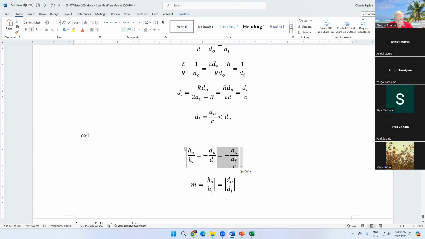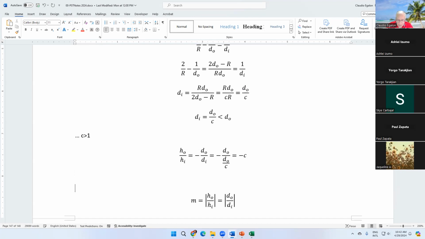C is a number greater than 1. And then what we get? We get minus C. What does it mean? It means that the height of the object is greater than the height of the image. Okay, and the negative states that it's inverted.